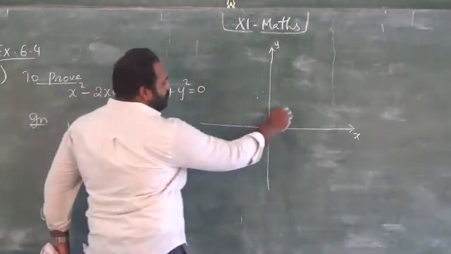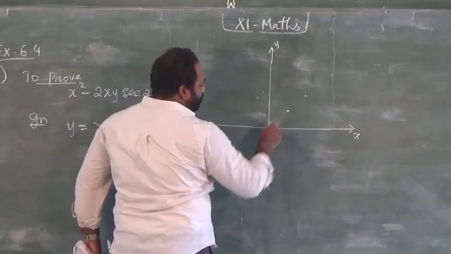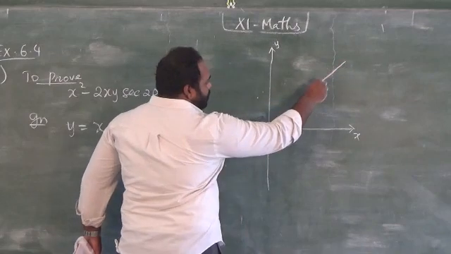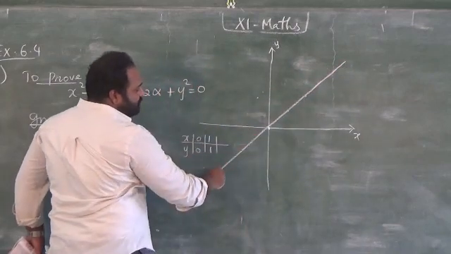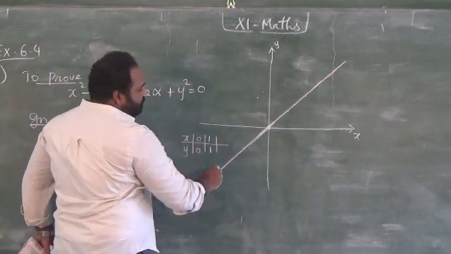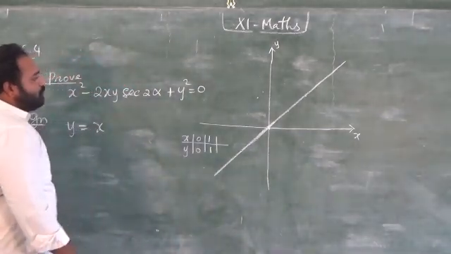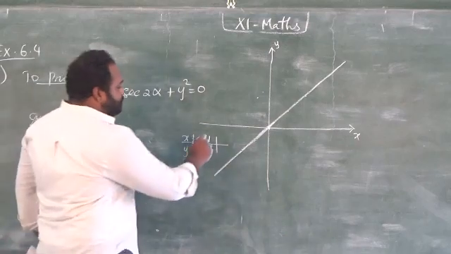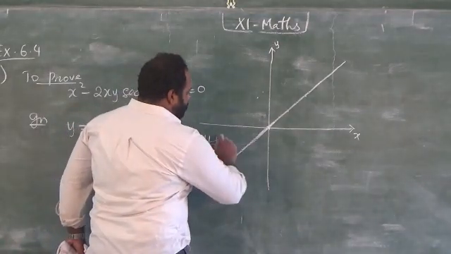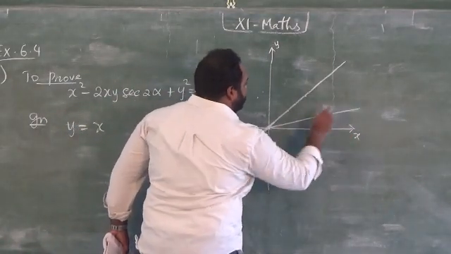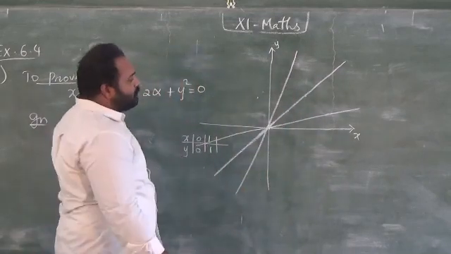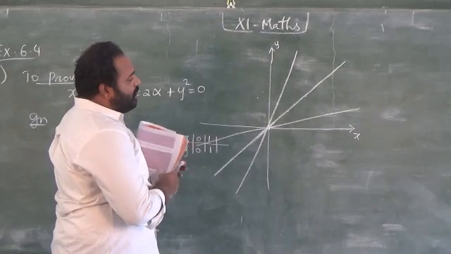So 1 comma 1, 2 comma 2, same like that, minus 1, minus 2 will come like this. So this line is passing through the origin. Next, I am going to draw another two straight lines here, also passing through the origin.